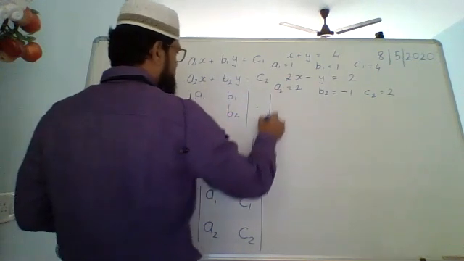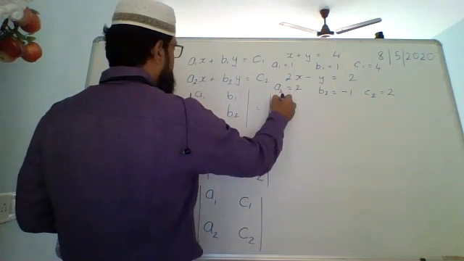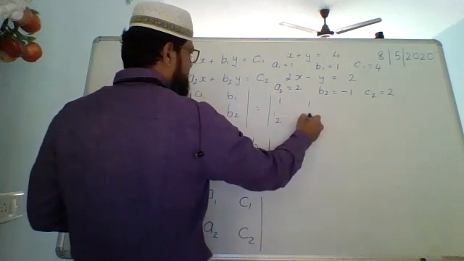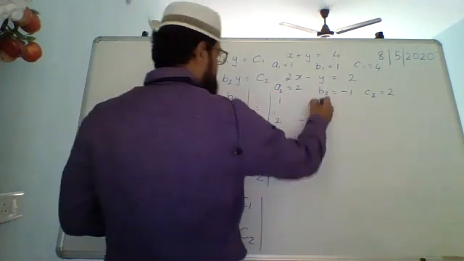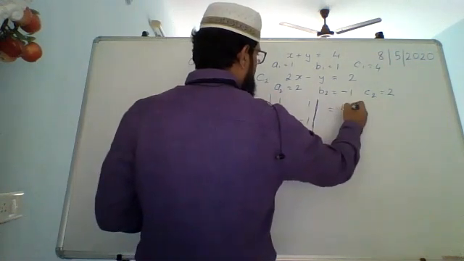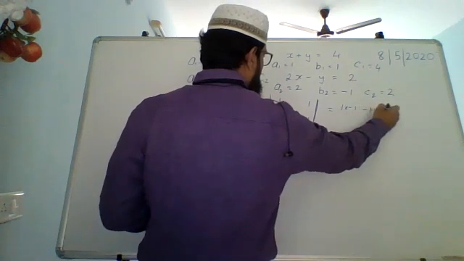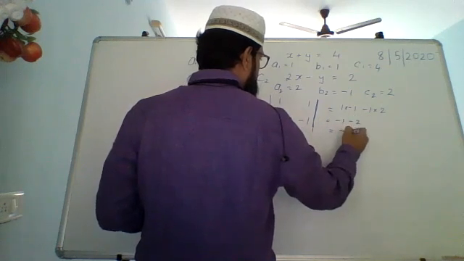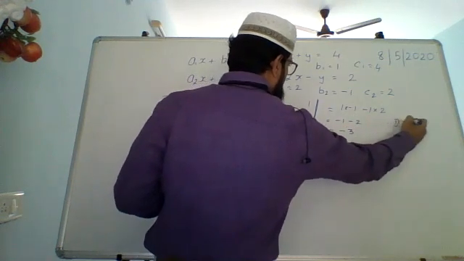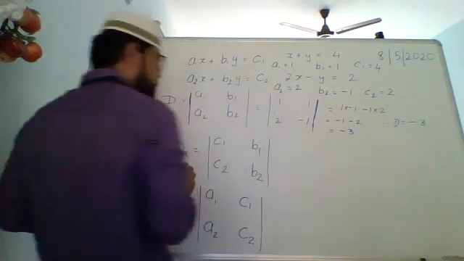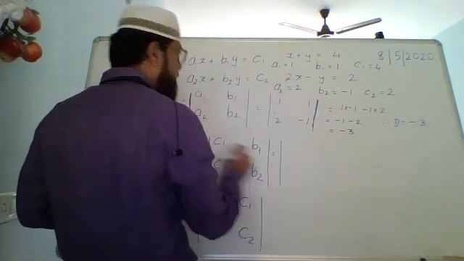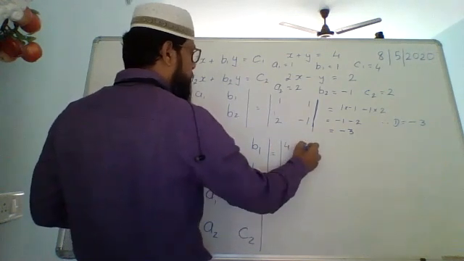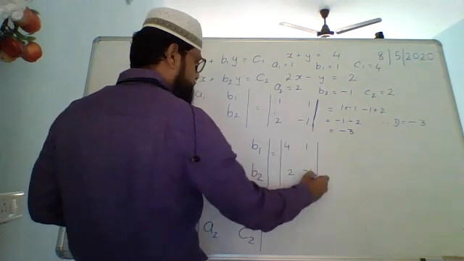So this is equal to, what is A1? 1, B1, 1, A2, 2, minus 1. If I solve, it is 1 into minus 1 minus 1 into 2, which is minus 1 minus 2, which is minus 3. Therefore, D equals minus 3. What about Dx? C1, C1 is 4, 2, 1, minus 1.